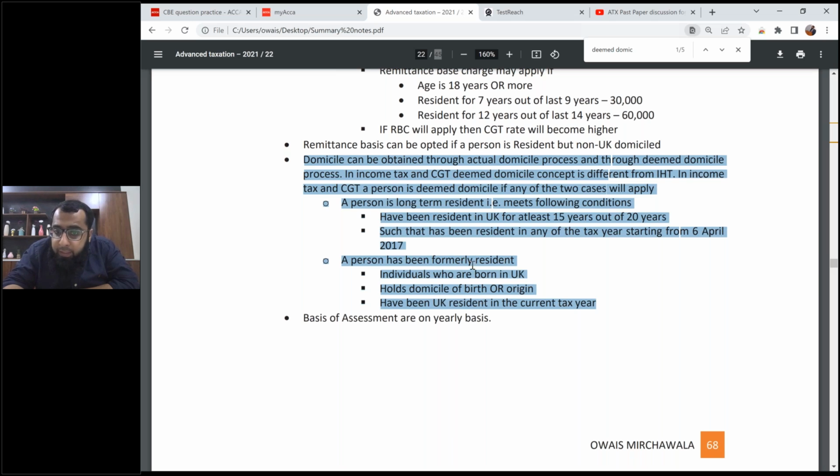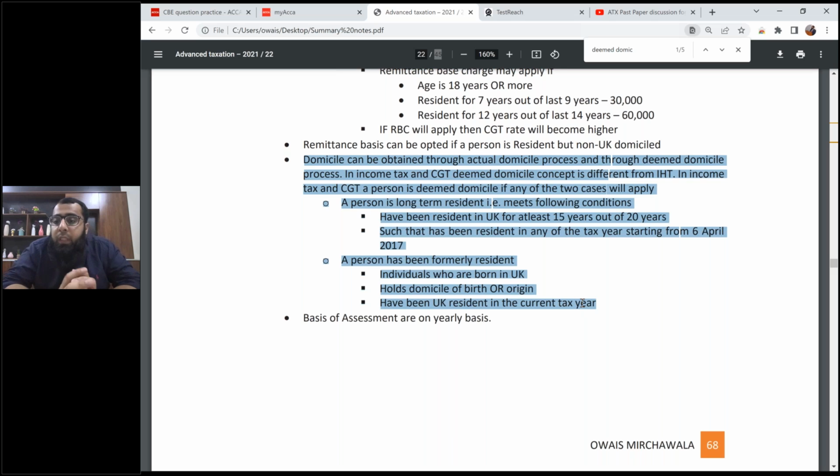In income tax and CGT, there is only the requirement for current year residency. So the concept is in both of the topics. That was what I was telling her. Sir, IHT domicile and CGT difference. Yes, I'm telling you that the deemed domicile concept is in IHT, and it is in CGT and income tax also.